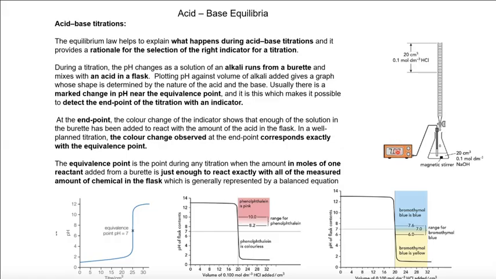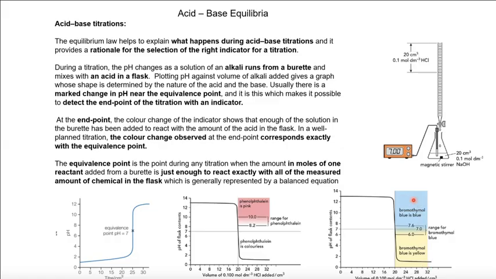From here, I have taken two graphs with a specific reason. You see, here is a graph for titration of a base with acid. Here is also another graph, titration of a base with an acid.